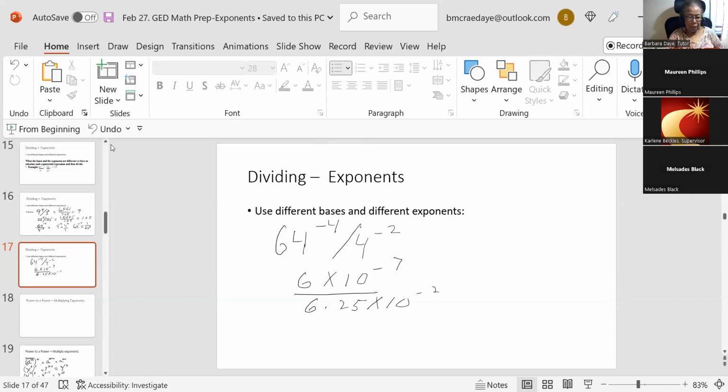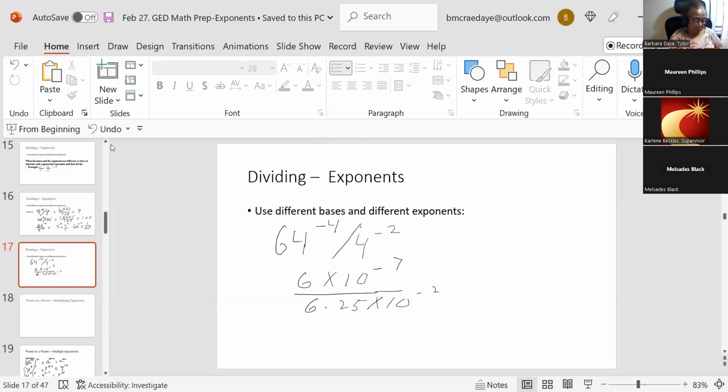Now, when you divide that out, what do you get, Mercedes? You want me to divide that one out? 6 divided by 6.25, and then you could use the same base 10, right? Minus 7 minus a minus 2.